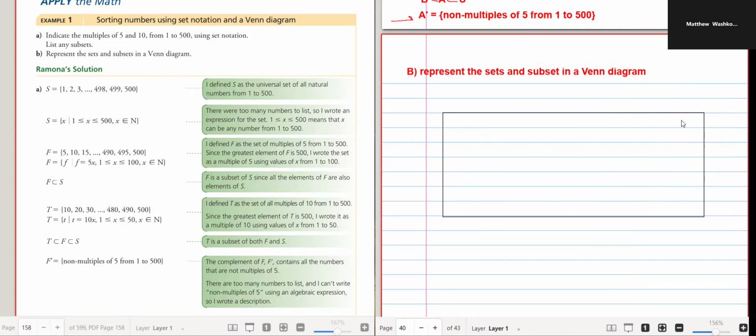This is our set, the numbers 1 to 500 in there. First off, we're going to draw a little circle here, and we're going to say these are our tens. This is subset B, right?